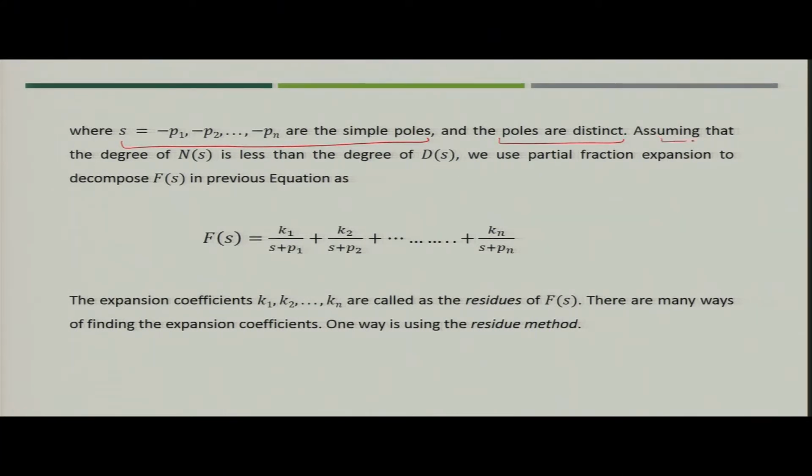Now, if we assume that the degree of N(s) is less than the degree of D(s), that means the highest degree of s in the denominator is greater than the highest degree of s in the numerator, we can apply the partial fraction expansion method to decompose the Laplace transform shown in the previous equation.